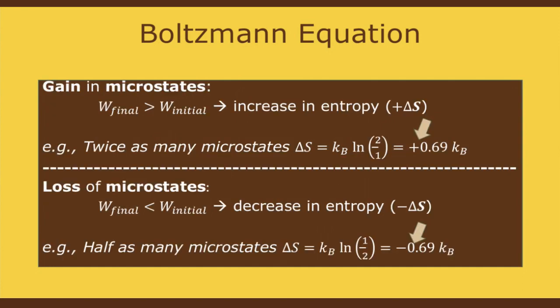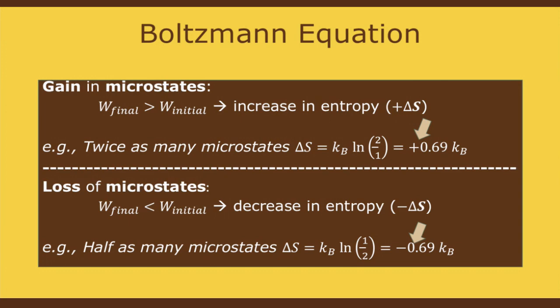So here's an example. Say that in the final system there were twice as many microstates, twice as many possible available ways that the molecules could be. The example we had where the gas molecules went from being in one cylinder to being in two different cylinders is a good example of that.